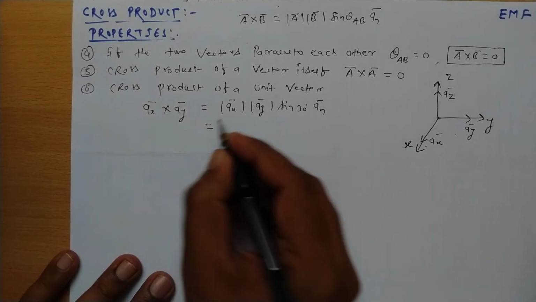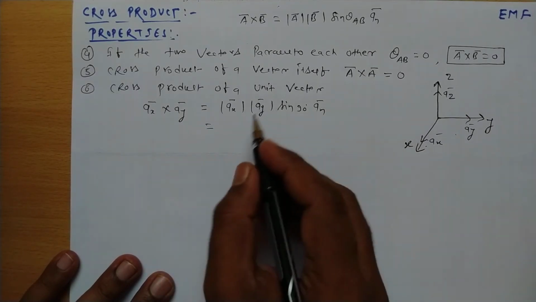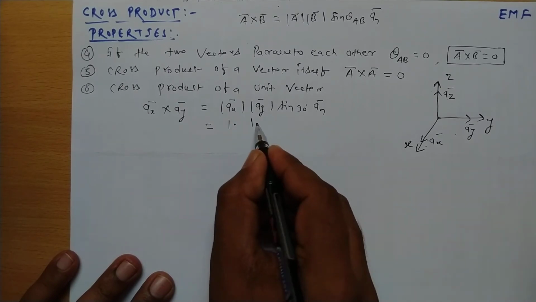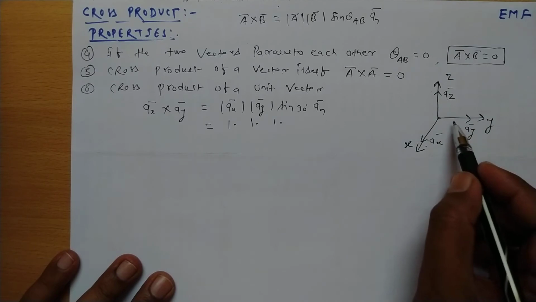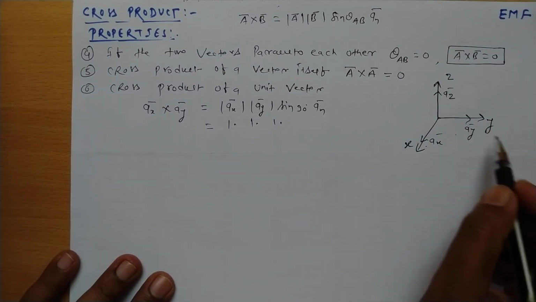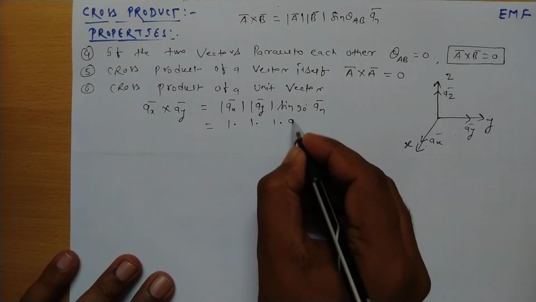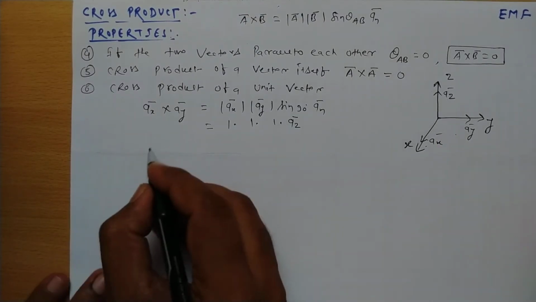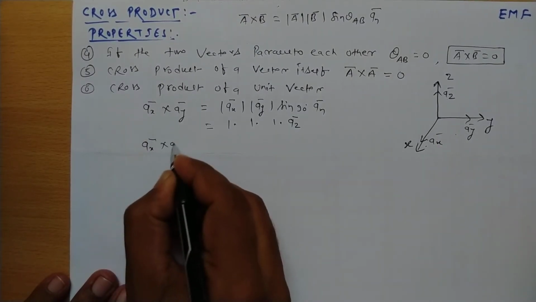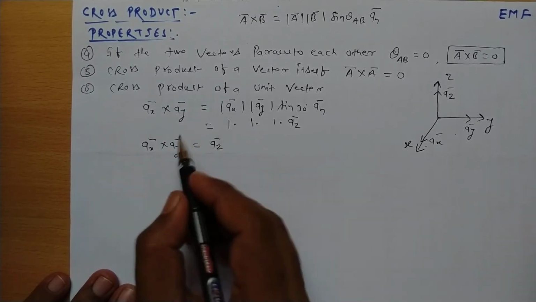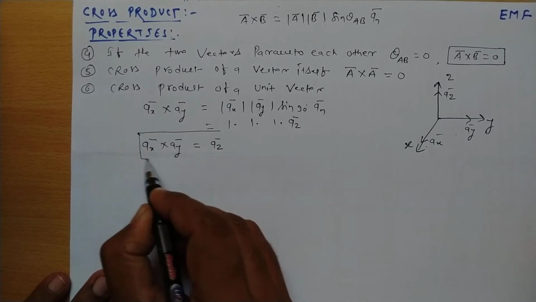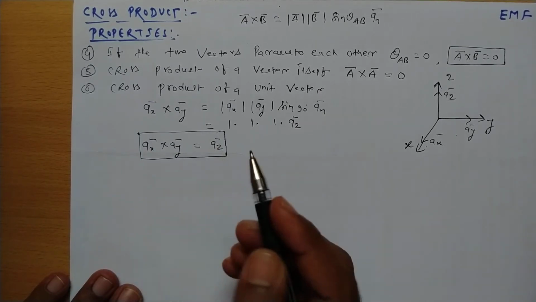Because the magnitude of a unit vector is always 1, this is 1, this is 1, sine 90 gives 1, and the normal to the plane occupied by X and Y is AZ. So AX cross AY equals AZ. This is very important for the numerical, right?